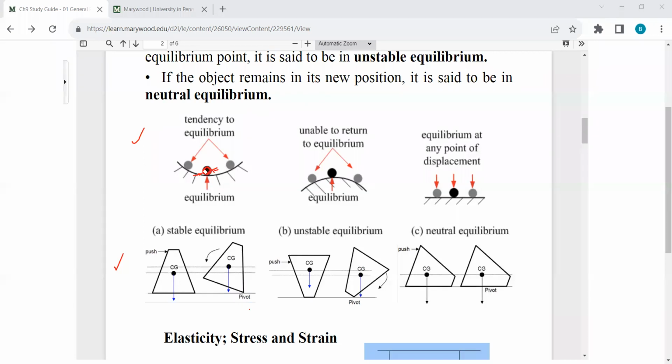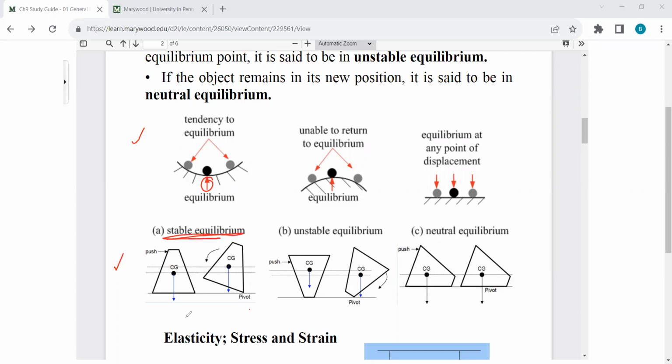When you slightly push this marble, it will go up and then come back to its equilibrium position. If we have a situation like that, we call it stable equilibrium.